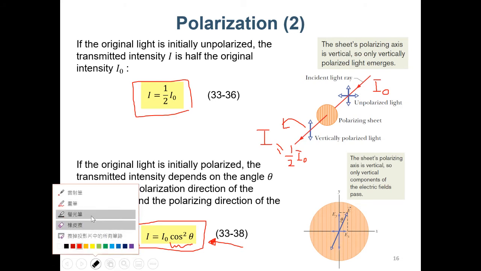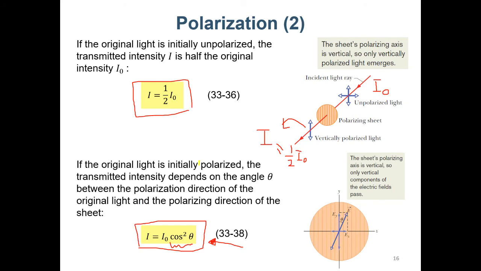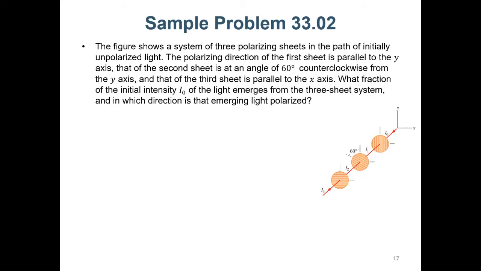But for this one, the original light is initially polarized, and the angle between the polarization of the light and the polarization of the filter is theta. So the output is multiplied by cosine squared theta. Something like this.